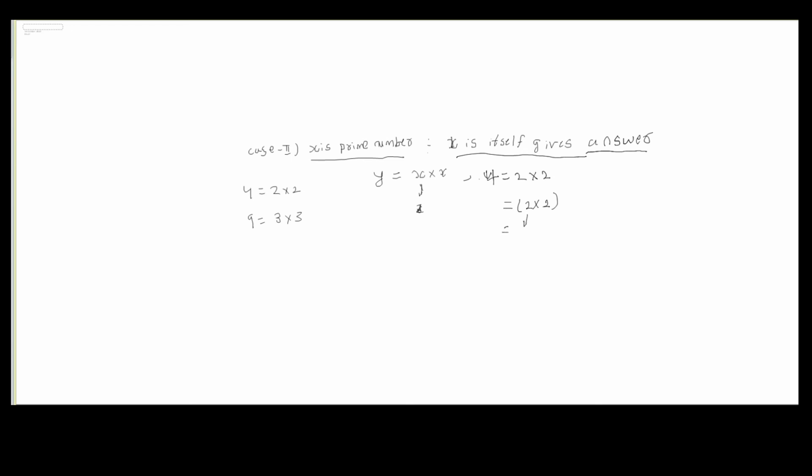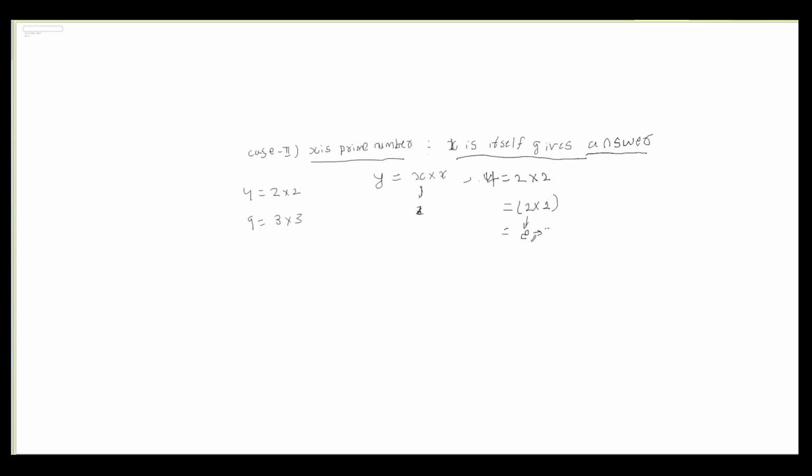You have to take one factor, that is 2, to get the answer, and you can say directly the given number is a perfect square.